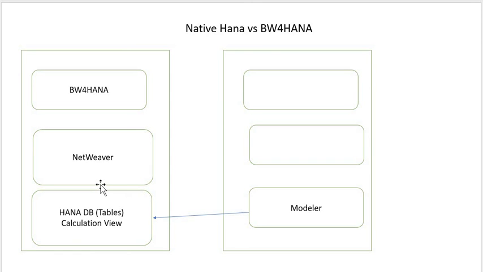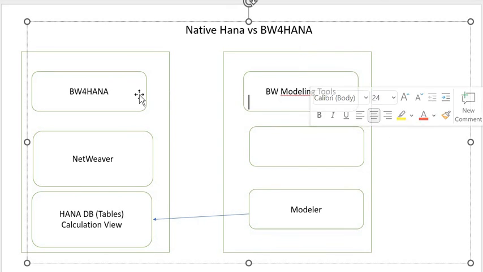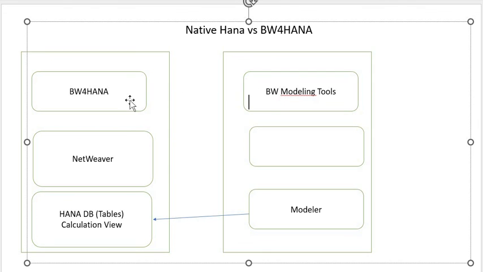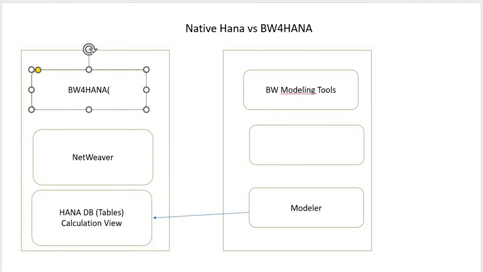Now we will be moving into the BW4HANA. Before going to the BW4HANA, let me write here. We have these BW modeling tools. Using these BW modeling tools, we can create objects such as ADSO, source, and other BW things like process chains and so on.